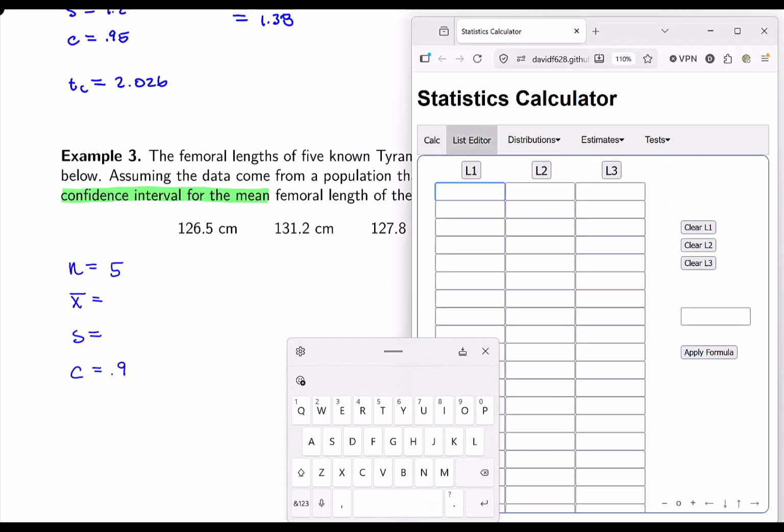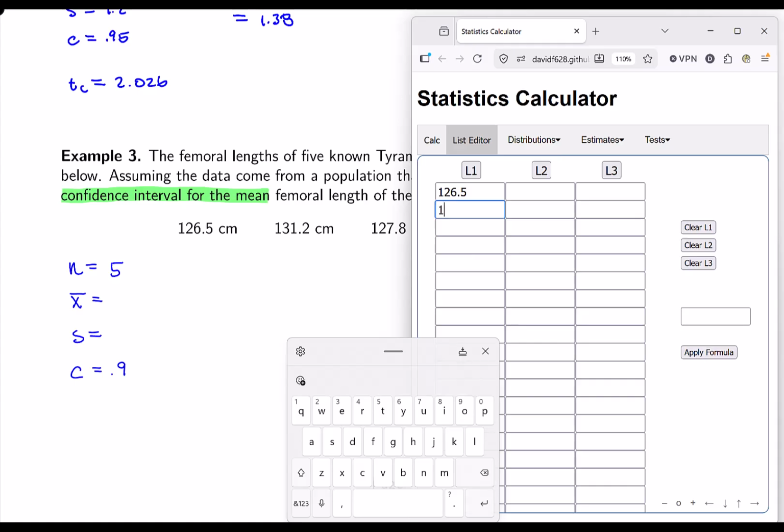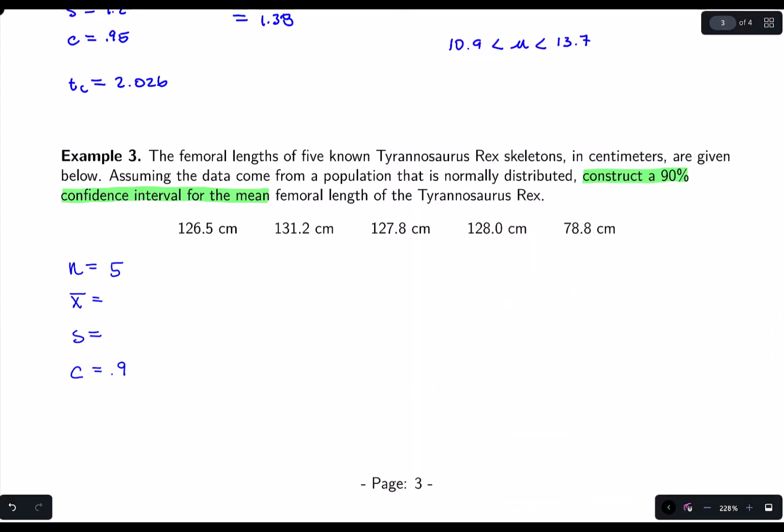We can just put our data into L1, so 126.5, 131.2, 127.8, 128 and 78.8.